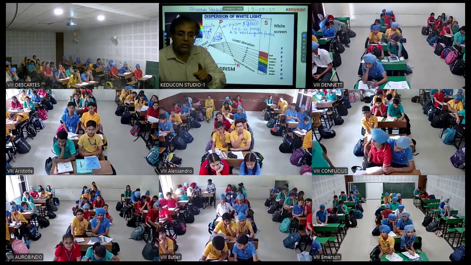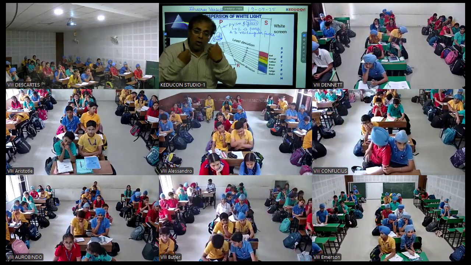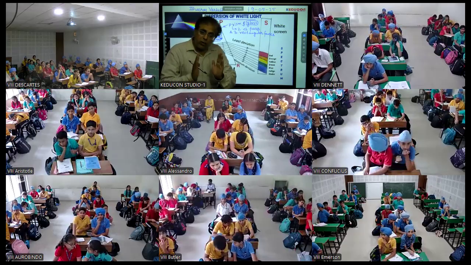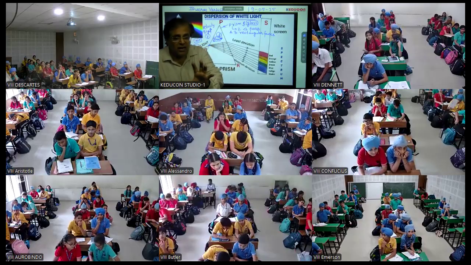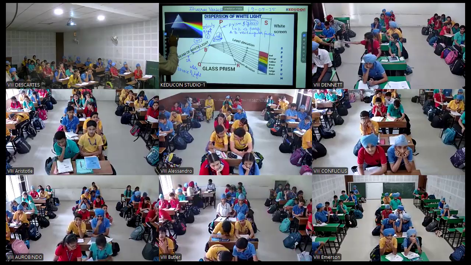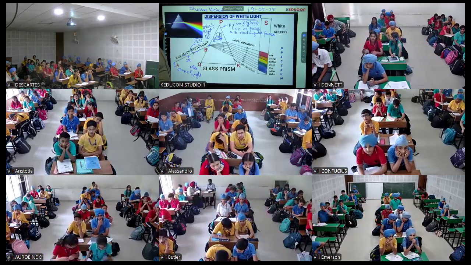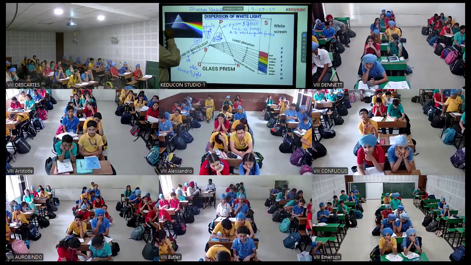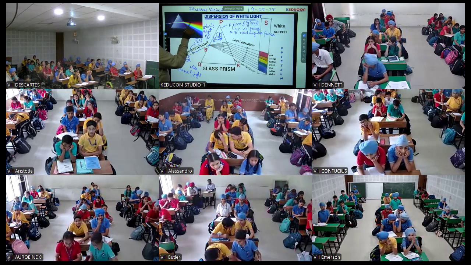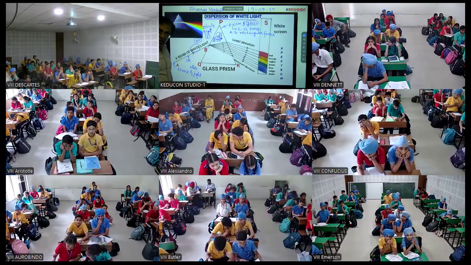But if some students ask me, sir, how will it appear in the laboratory? In the laboratory, when you perform this experiment, it will appear like this. The corner figure is the original figure of the experiment. Just see, white light is striking the edge of the prism. It gets split up into seven colors, seven constituting colors.